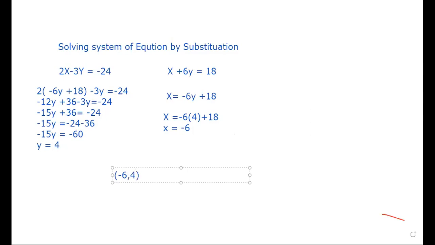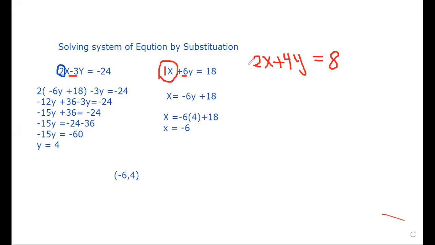Okay, understood? So in this lesson, he wants us only to find the answer to the question by substitution. In case you can't find any variable with coefficient 1, we can divide everything by 2.